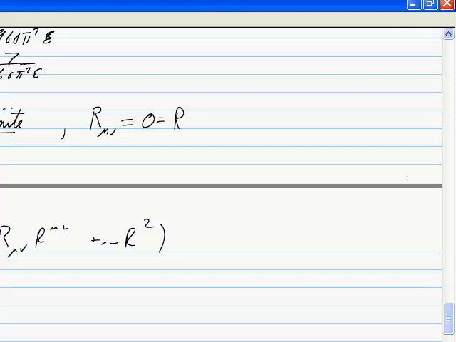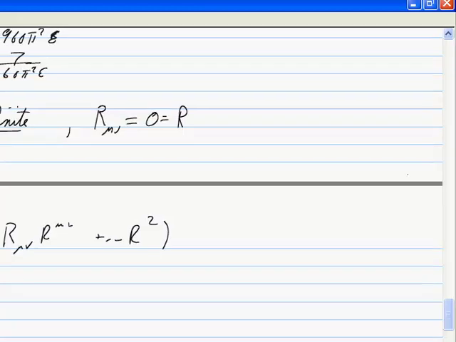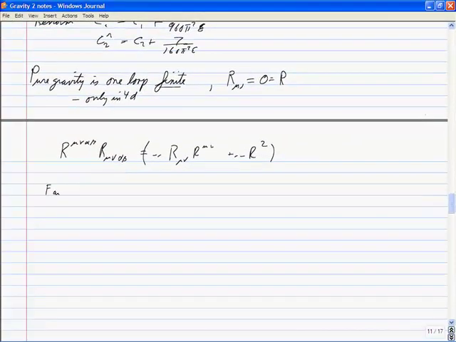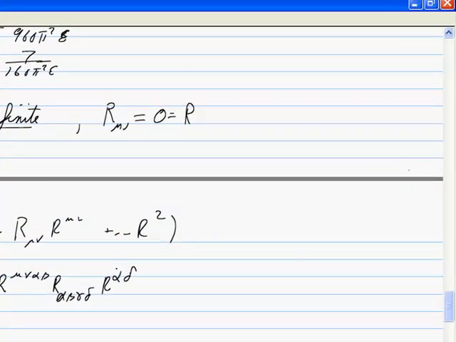Okay. So that tells you that it's one loop finite. It's not two loop finite. It fails at two loops. There's a R mu nu alpha beta, R alpha beta gamma delta, R gamma delta mu nu.